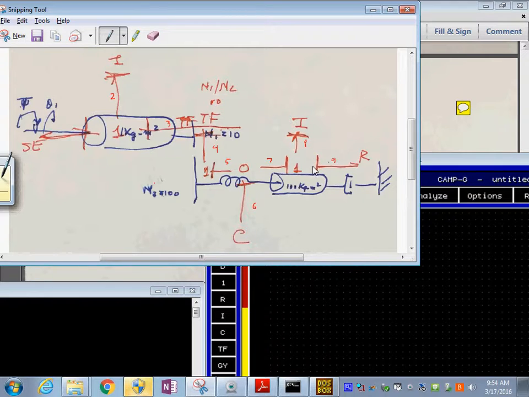Two transfer functions. Having done that, I go in here and draw my bond graph model. Hopefully I can fit in here. Then we have this one in here, from here to here, and then you have this I element over here, from here to here, and then we have the TF, from here to here.